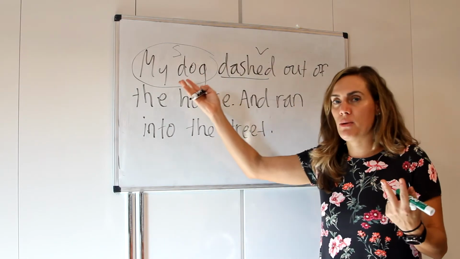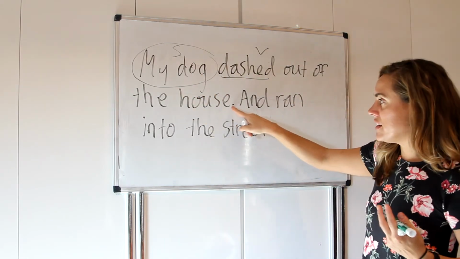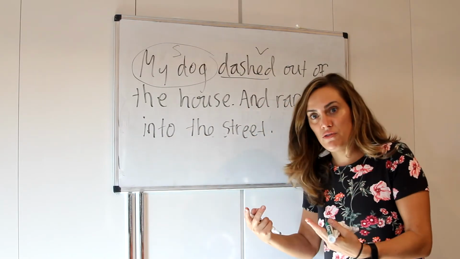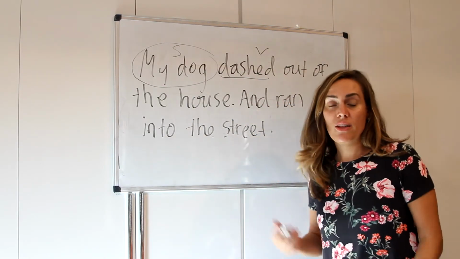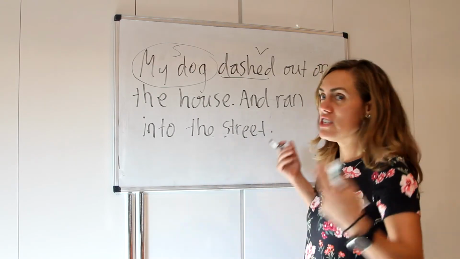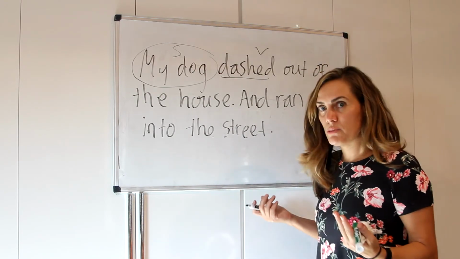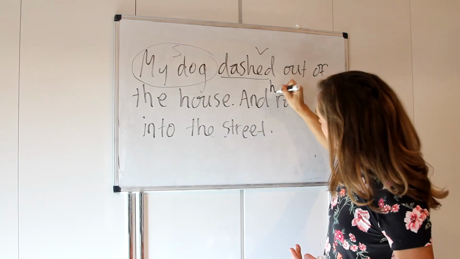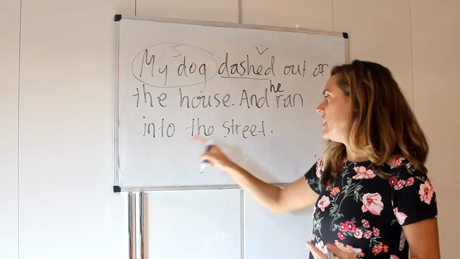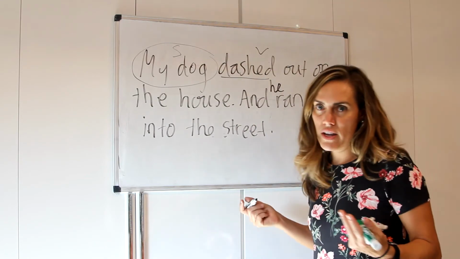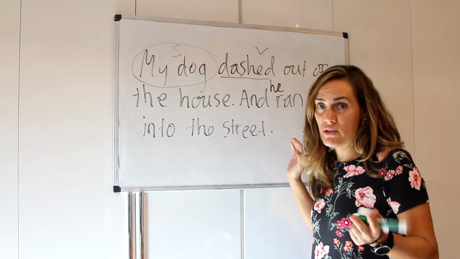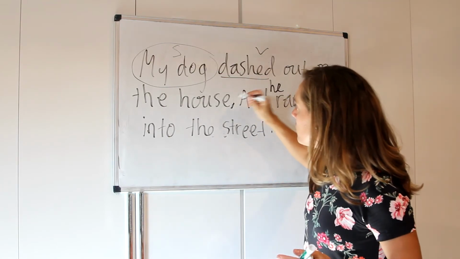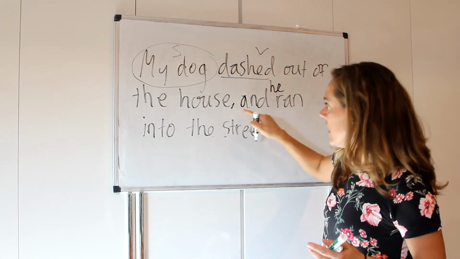I know you're talking about the dog, but there's a period, so this part needs to have its own subject and its own verb. It's missing a subject. The best way to fix this would be to just add what's missing, the subject. "My dog dashed out of the house and he or she ran into the street." Another way you could fix it, this is fine, you can start a sentence with "and." A better way though would be to use a comma and "and."